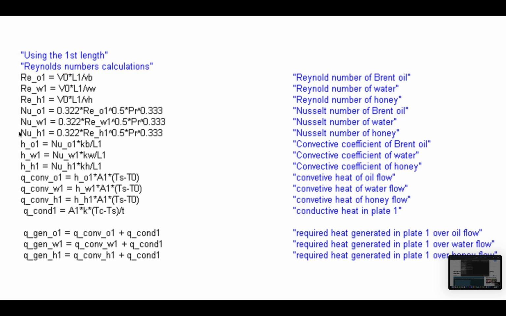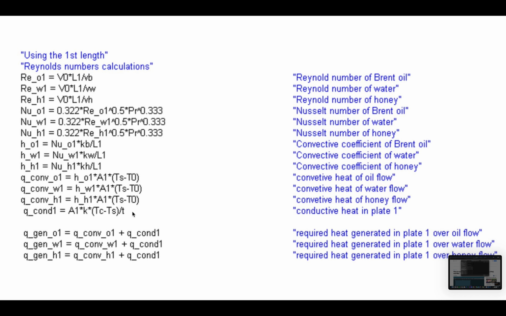So from the Nusselt numbers, we can have the convective heat transfer coefficient, and from that we can find the convection heat loss to several different flows of oil, water, and honey.